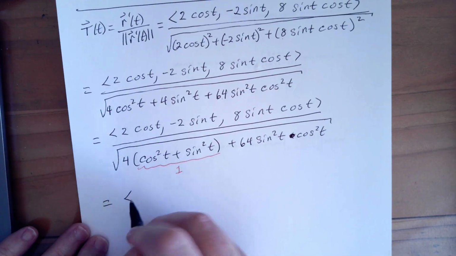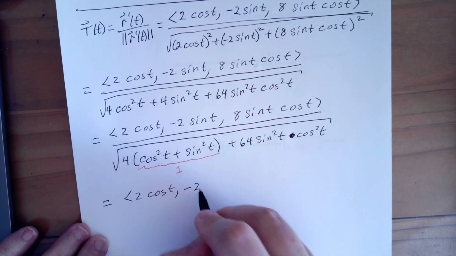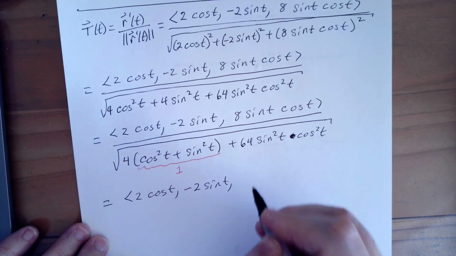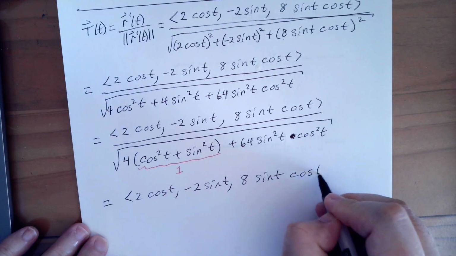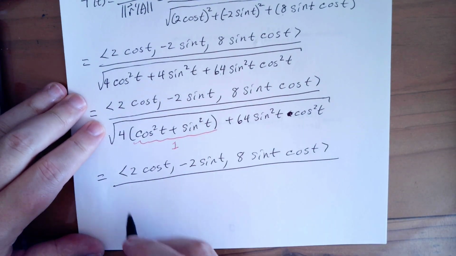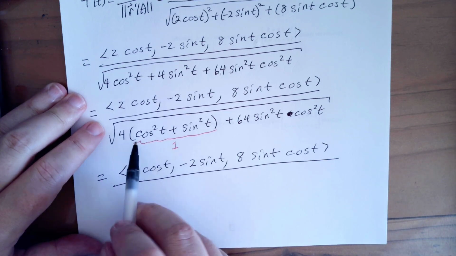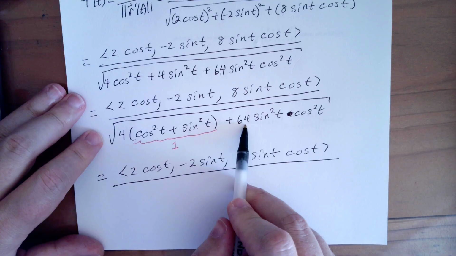So we'll end up with 2 cosine of t, minus 2 sine of t, 8 sine of t cosine t. There it is. And we divide this by, this is going to be a 4 plus the 64.